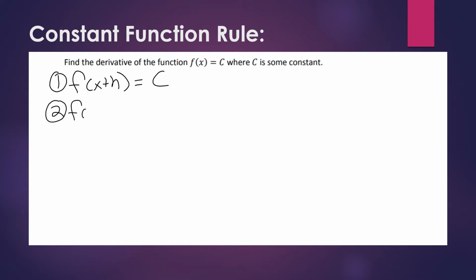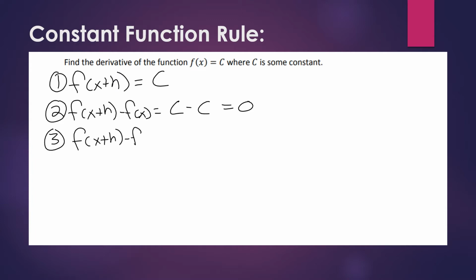Two, we're going to do f of x plus h minus f of x. Well, this would be c minus c, which equals 0. Three, we're going to do f of x plus h minus f of x all over h, which will be 0 over h, which is 0.